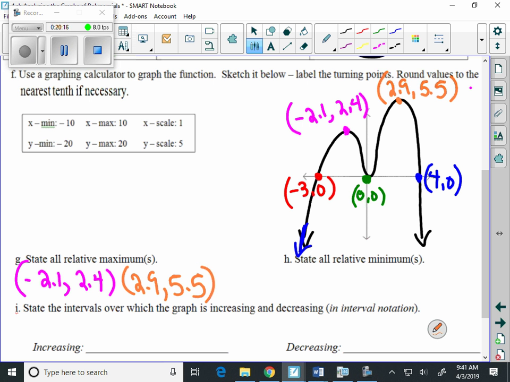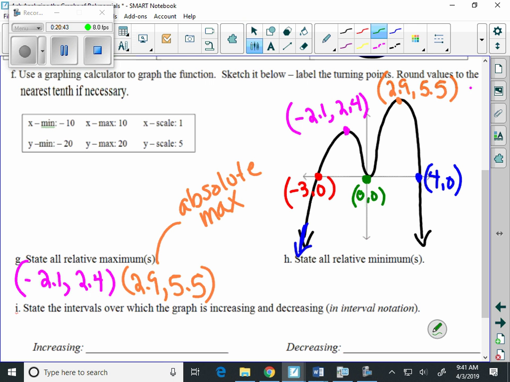I do want to point out, in this particular case, the 2.9, 5.5 is an absolute maximum as well. It's a relative, but it's also an absolute. It is the highest point in the graph. And we didn't see an absolute maximum on the front of our notes, so there at least we can see an example of that.